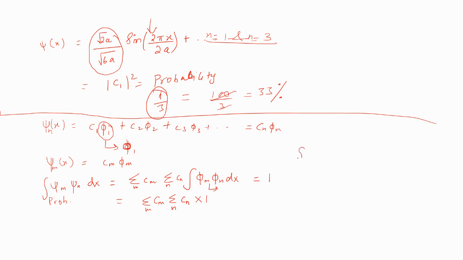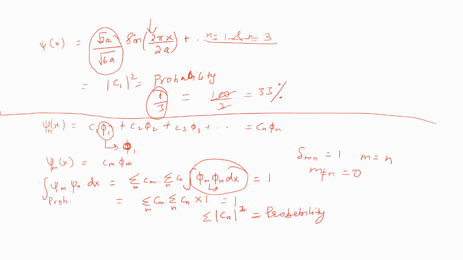Why 1? Because the Kronecker delta is 1 when m equals n, and when m is not equal to n, it is 0. Suppose m equals n, this term will give 1, and so it will give cn square equals 1. So this is the probability.